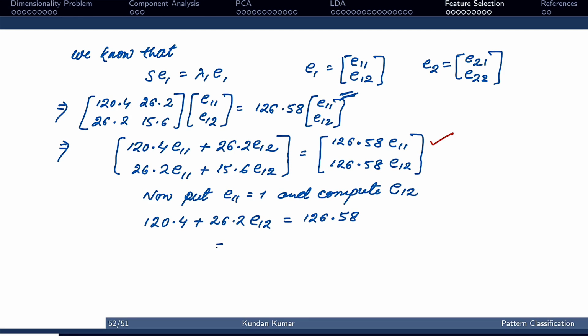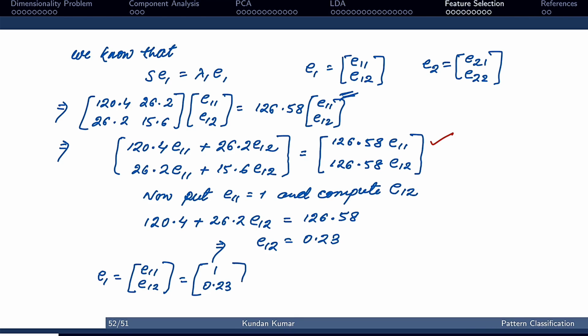When you solve this, E12 will be 0.23. That means E1 equal to E11, E12, and the values are basically 1, 0.23.